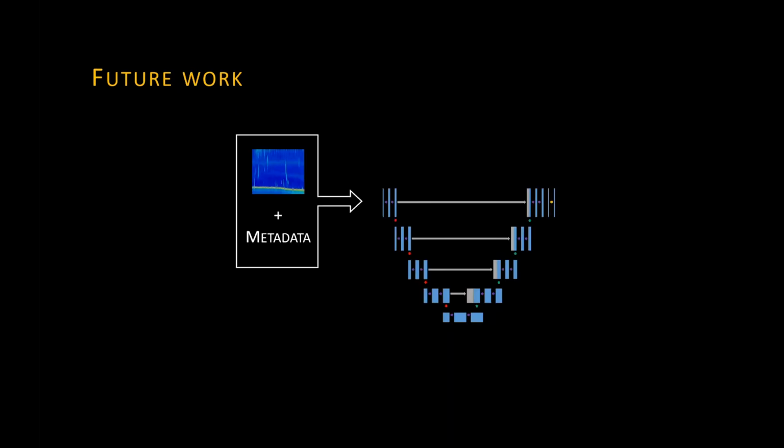For future work, we are currently working on implementing additional metadata into the network. So recall that as of now, the network only sees a small patch of data and doesn't really know whether this patch comes from close to the surface or close to the seabed.